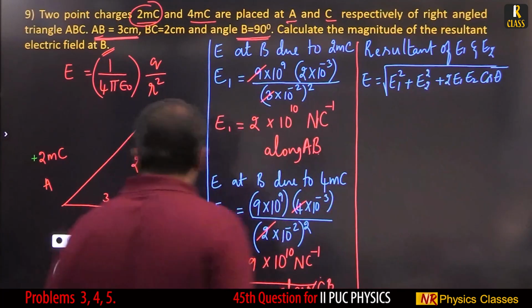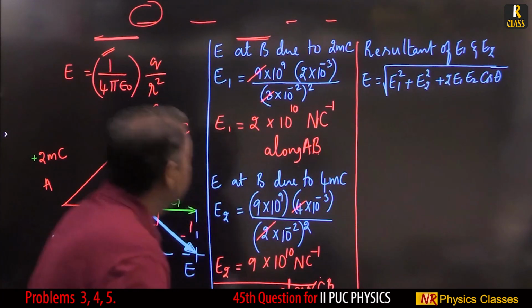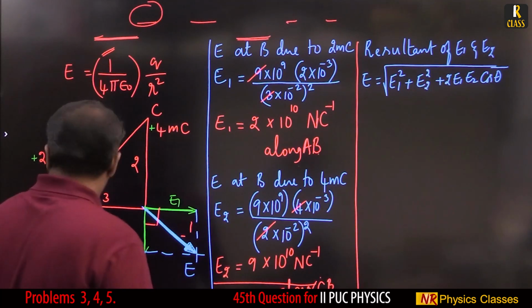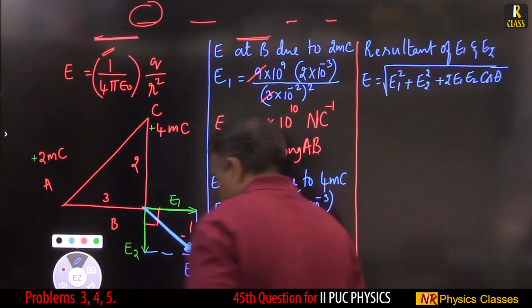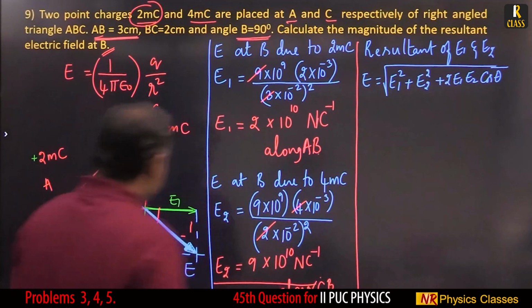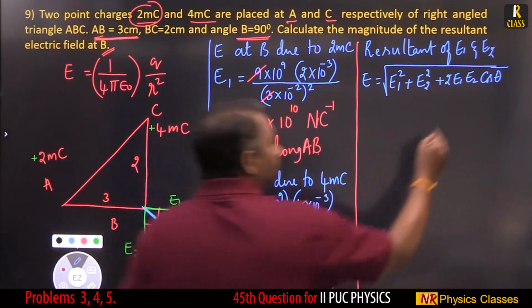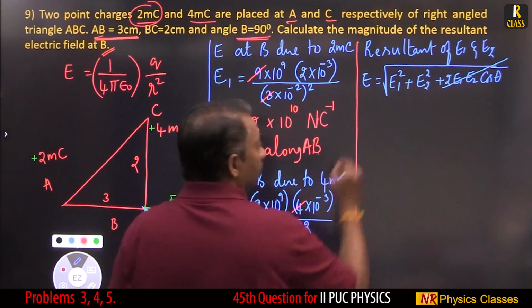Theta is the angle between the vectors E1 and E2, which is 90. Therefore, we can simply drop this term.